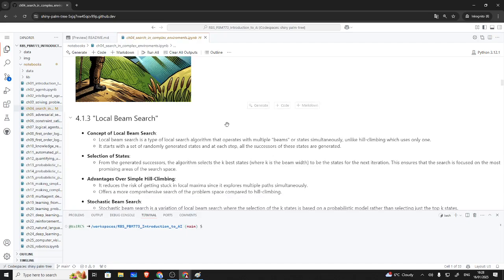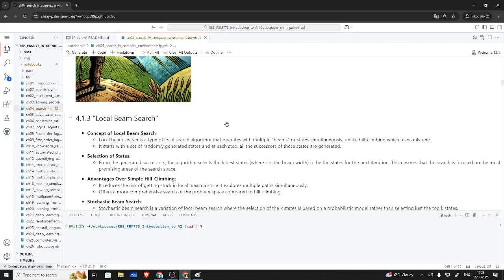So you start with some random selection, and you keep checking a couple of candidates. Remember our last lecture, we talked about beam search, when you're searching for some paths, you keep a couple of candidates. So you're exploring multiple paths simultaneously.